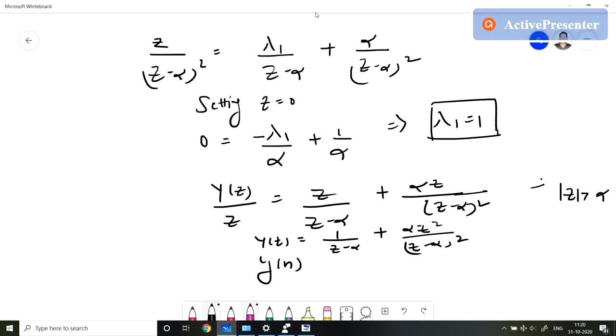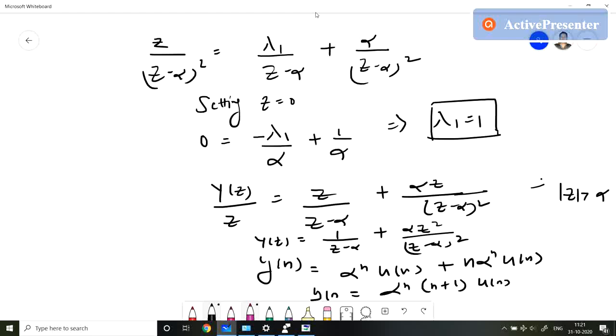If we find the inverse z transform of this, then y(n) is alpha raised to the power n u(n) for this term, plus, if we solve this, we will find the z transform of this term, which is (n plus 1) alpha raised to the power n u(n). So y(n) is alpha raised to the power n plus 1 into u(n). This is the solution, so we get the value of y(n).